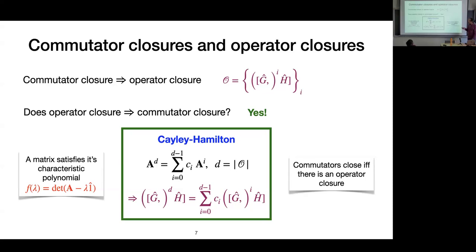So this implies, when you go back to the operator picture, that a higher degree commutator is a sum of lower degree commutators. So this implies that an operator closure implies a commutator closure.